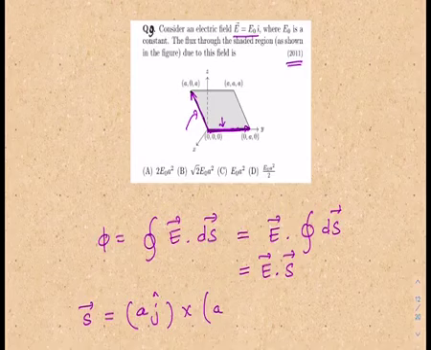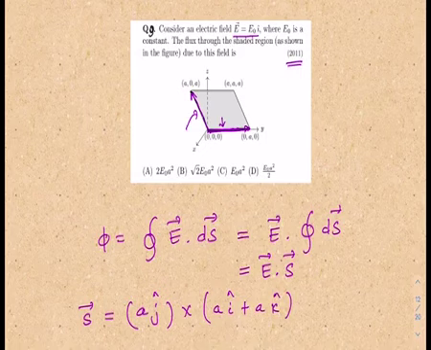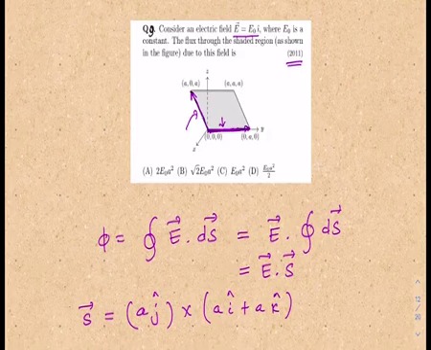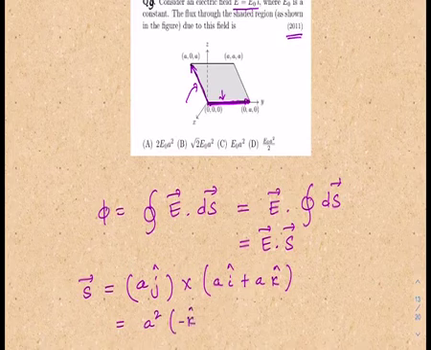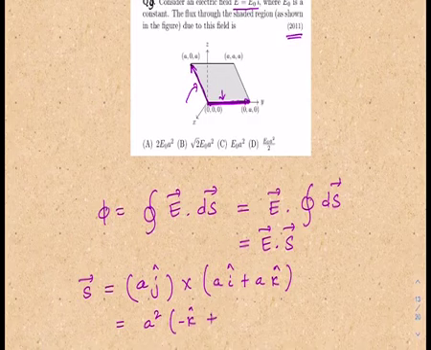That other side, A, is along x and z only, so you have A i plus A k cap. If you do it, j cross i is going to give you minus k, and j cross k is going to give you simply i cap.